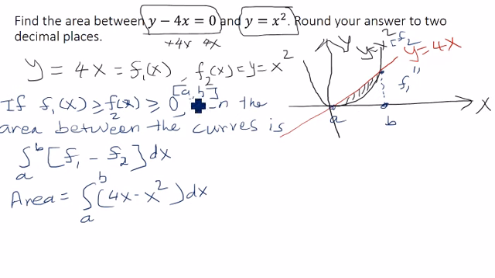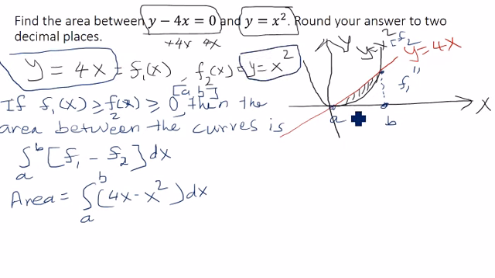So the first equation is y equals 4x right here, and the second equation is y equals x squared. If we equate these two equations, because the left side is y in both cases, we get 4x equals x squared. And then we can get the values of x from this equation.